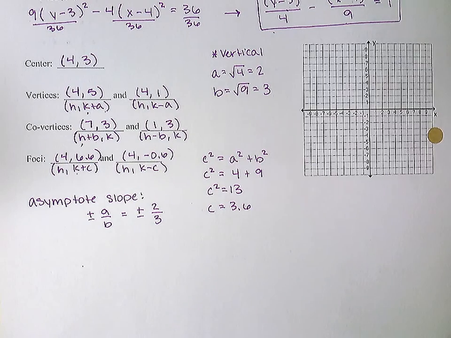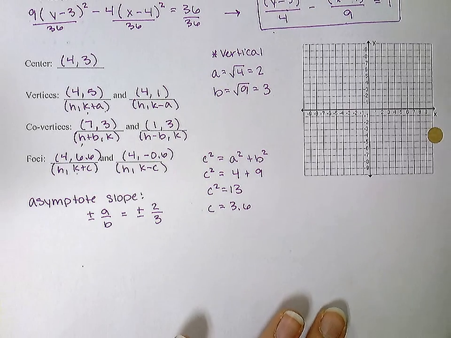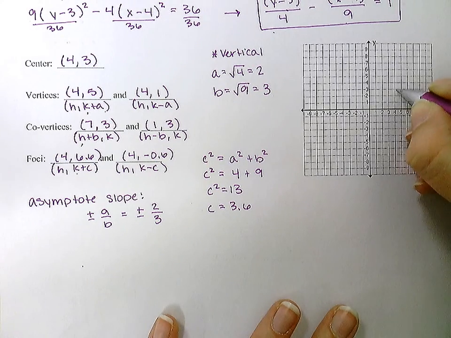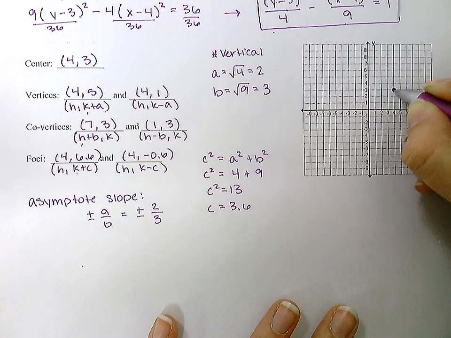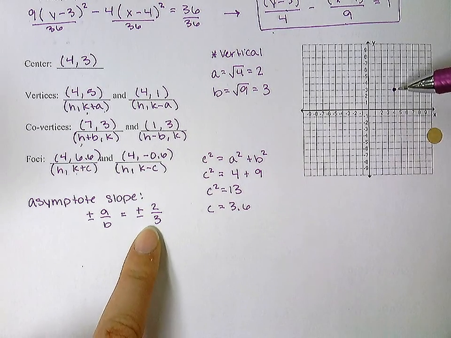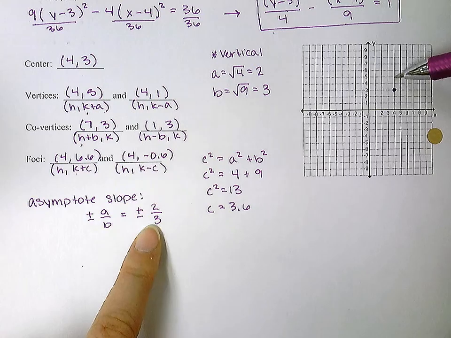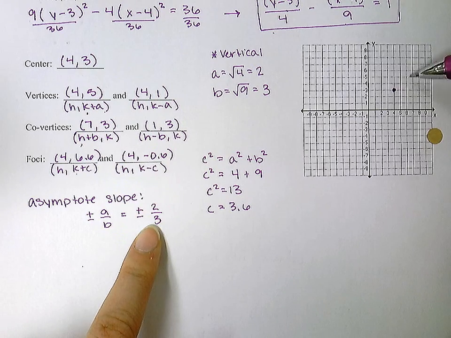Then graphing this, you will need to plot your center point first. Our center point is at 4, 3. From there I can use my asymptote slopes to draw those in. So I'll do the positive one first. We're going to go up 2 from that point and then right 3.